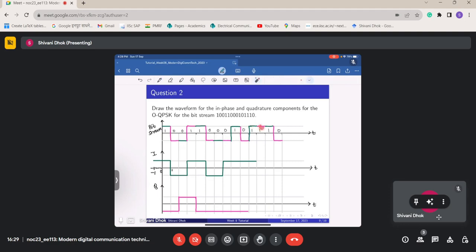Then we have a 1 here, but now this 1 will correspond to the quadrature component. Like this. Then we have a 1. Now this one corresponds to the in-phase component, so it will go here.